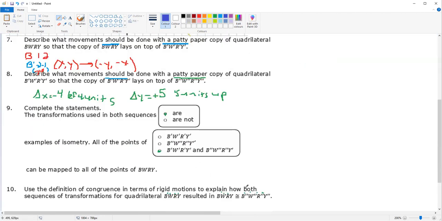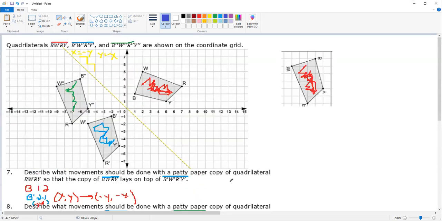B, W, R, Y, B, W, R, Y, right? These can't be flopped around at all, because segments BW and BW are congruent, RY and RY are congruent, and RW and RW are congruent.